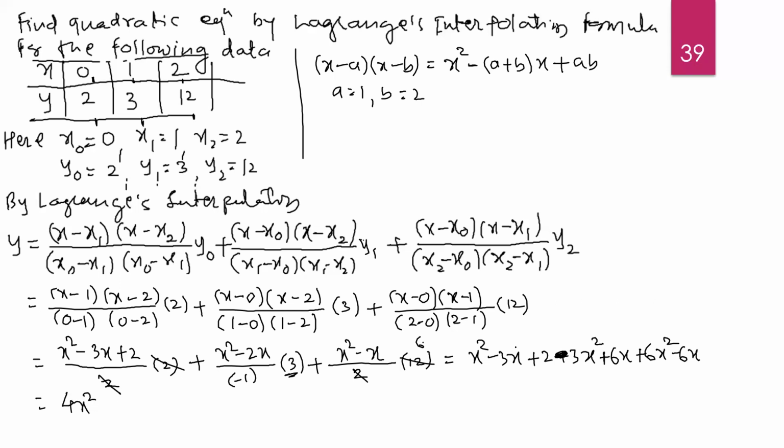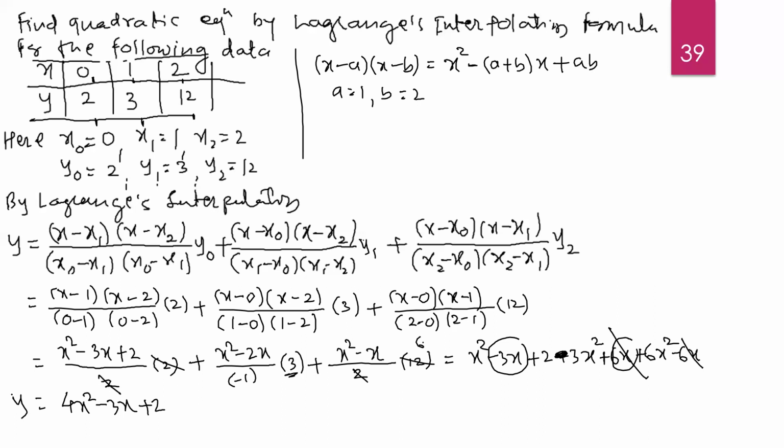Now construct the x related term: minus 3, plus 6, minus 6 cancel. So we get only a minus 3x. First we constructed the x square term, now the x term. Now the remaining is only a constant term. There is only one constant term, that is 2. We get y equals 4x square minus 3x plus 2.